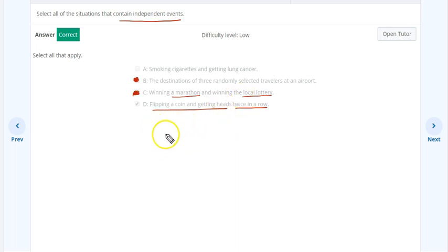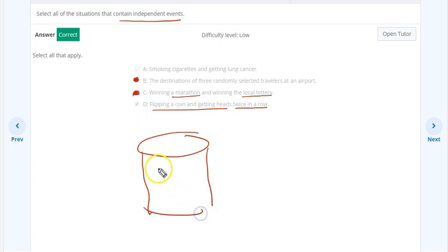Now, one of the other common ones, since this is a review, is if you had a jar and it contained colored balls. Some were red and some were blue and some were black or whatever. And you take out one ball and then without replacing, you take out a second ball.